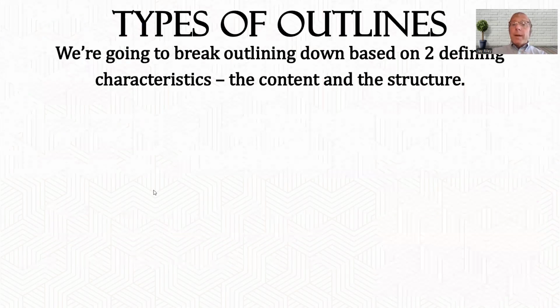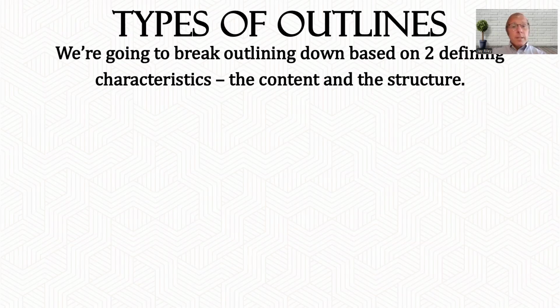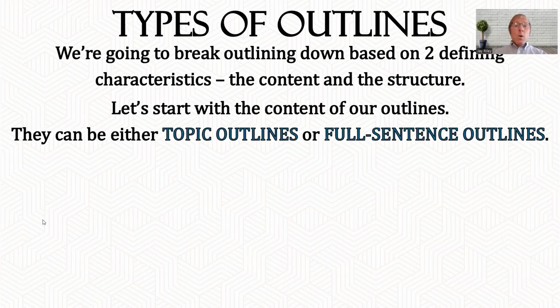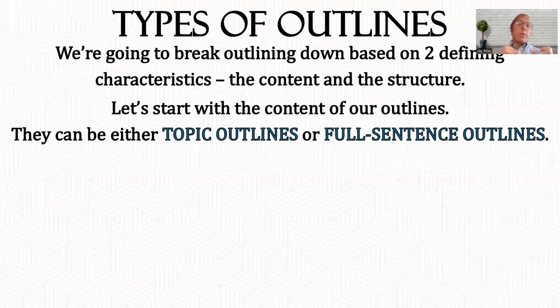Okay, so now let's talk about two different types of outlines. There are going to be two basic defining characteristics to our academic outline, which is our content and our structure. Okay, so let's start with the content of our outlines. We can talk about topic outlines or we can talk about full sentence outlines. And they're pretty self-explanatory based on the titles.